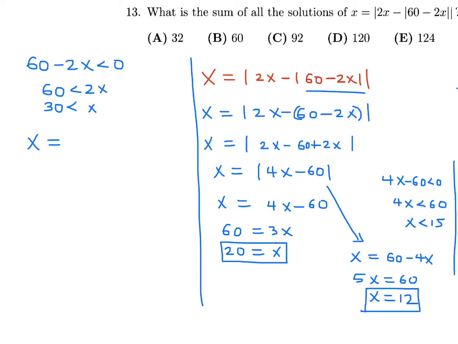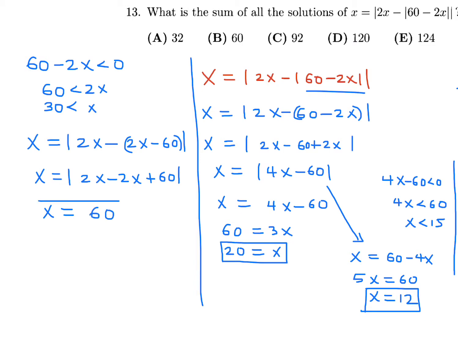So that means X becomes absolute value of 2X minus (2X minus 60), like that. And therefore X will be the absolute value of 2X minus 2X plus 60. Interestingly, the 2X's cancel and you just get 60. So there's my third and final value.